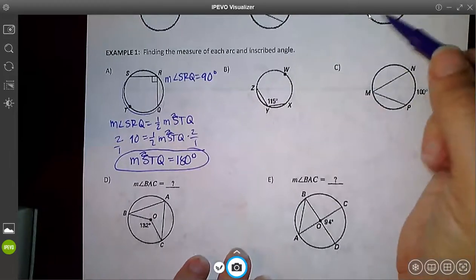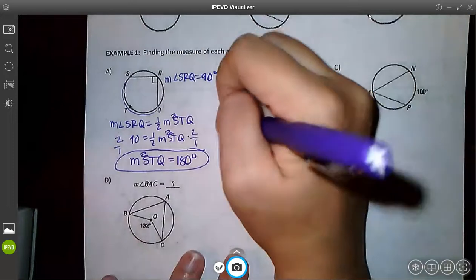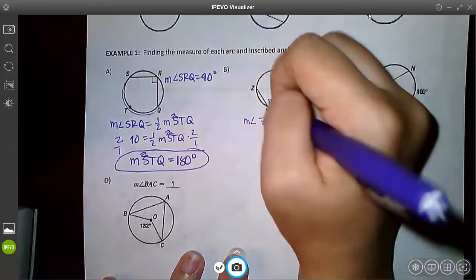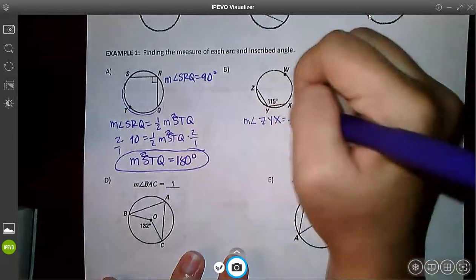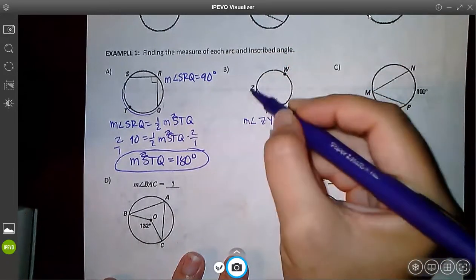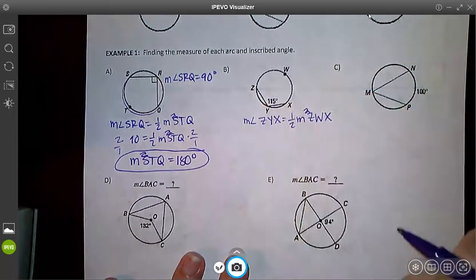The next one, again, the measure of this angle is half the measure of its arc. So the measure of angle ZYX is going to be half the measure of arc ZWX. Now, if I had said arc ZYX, that would make this arc. So be careful on the letters that you use.